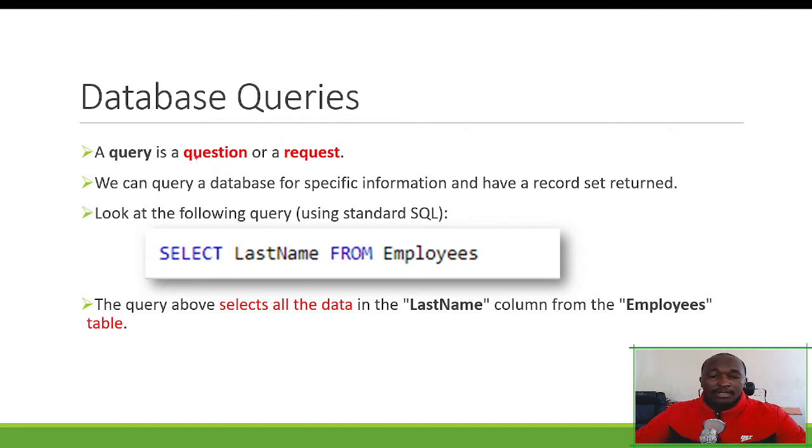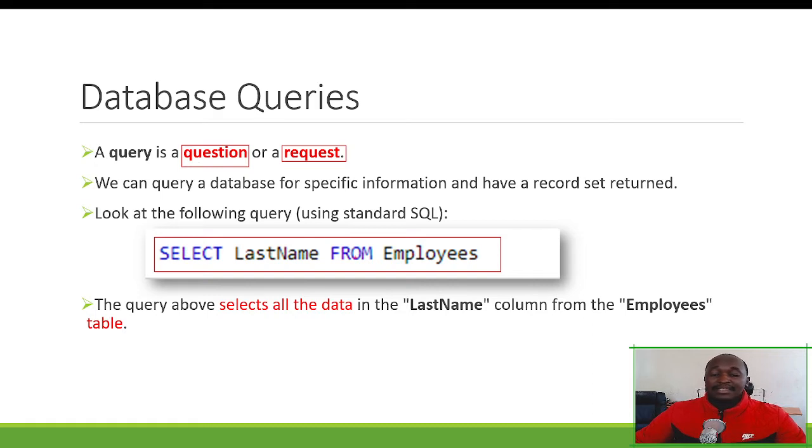Now, a query is simply a question, also referred to as a request. This is an example of a query: select last name from employees. Here, the words colored in blue are called SQL keywords.